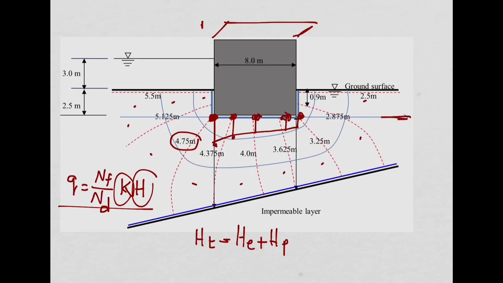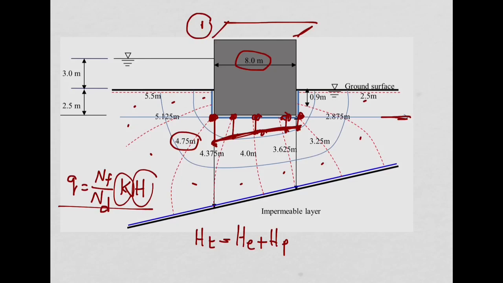If I get the average value of all these pore water pressures and multiply the average by 8 times 1, I get the uplift force. So again, it is the average uplift pressure, which is the pore water pressure.